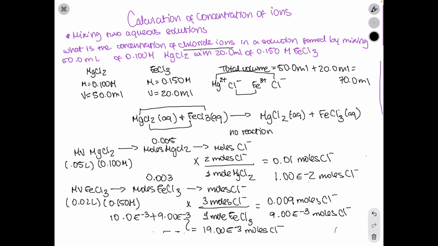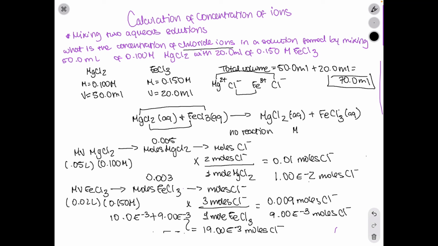But they're asking for the concentration, so molarity. So that's when we're gonna use our total volume and then the moles. That's gonna give us the overall molarity of the whole solution of chloride ions. We're gonna calculate the molarity with the total volume, and now the moles of both magnesium chloride and iron chloride.